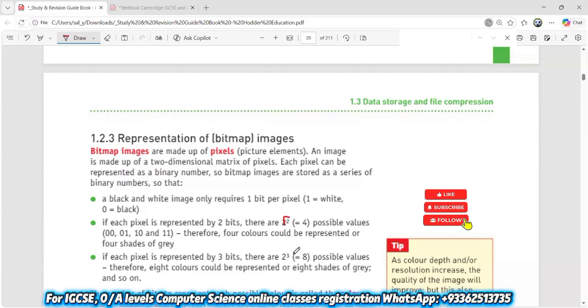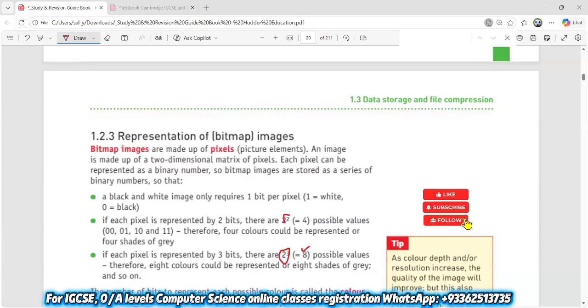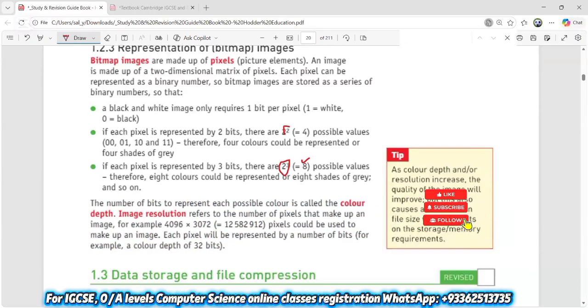If it's 3 bits, it means eight possible values, 2 power 3. Similarly, if I say there are 8 bits, it means it can support up to 256 colors. And when it comes to true color, which is a combination of RGB, it will be representing 16.7 million colors, because it will be 2 to the power 24, and that is quite a huge value. That is why the different shades of color that we see are all possible.